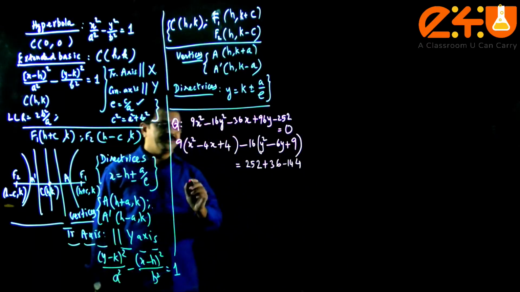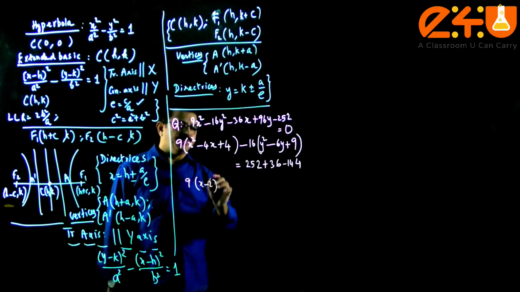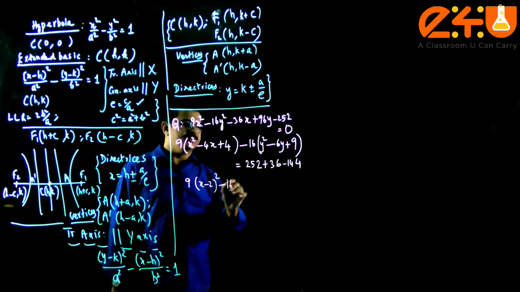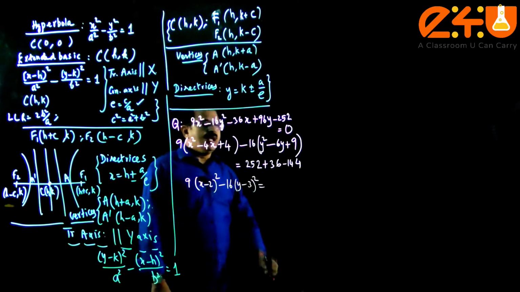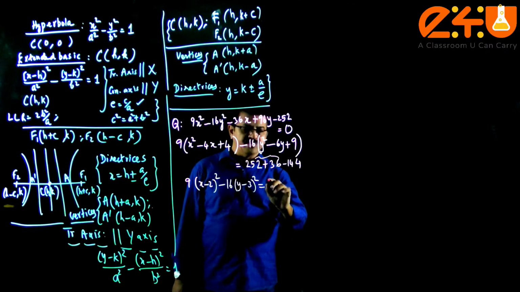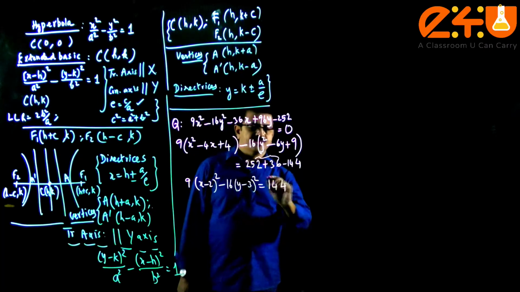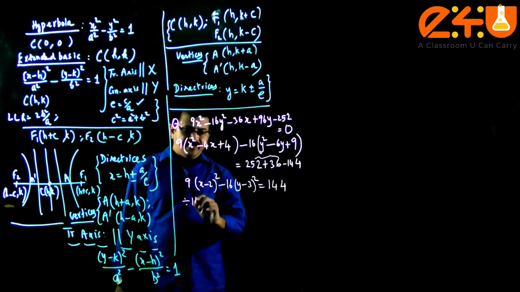So what do you get after completing the square? 9 times (x minus 2) whole squared, negative 16 times (y minus 3) whole squared. On the RHS, this becomes 288 minus 144, so the balance is 144. Now let us divide everywhere by 144.